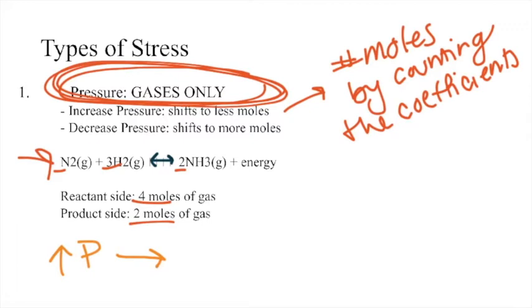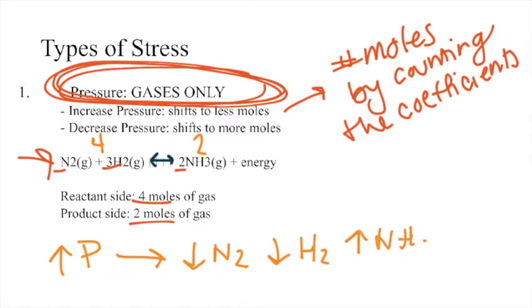Because we're going from 4 moles here to 2 moles here. So what's now going to happen, we're now shifting, we're trying to reach equilibrium. What's going to happen is we're going to see a decrease in nitrogen, a decrease in hydrogen, and now an increase in ammonia production, right? So it's shifting over. So we're now forming more ammonia.